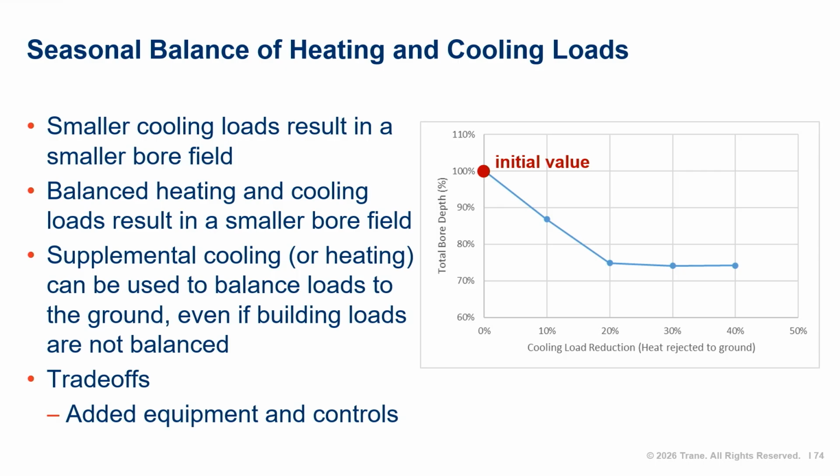Similar results could be achieved by rejecting some heat to a supplemental cooling tower instead of the bore field. One interesting thing about this project is that reducing the cooling loads by more than 20% does not result in further decrease to the total bore depth. Why is that? Once the cooling load is reduced enough and the loads are balanced, then additional reductions do not help.